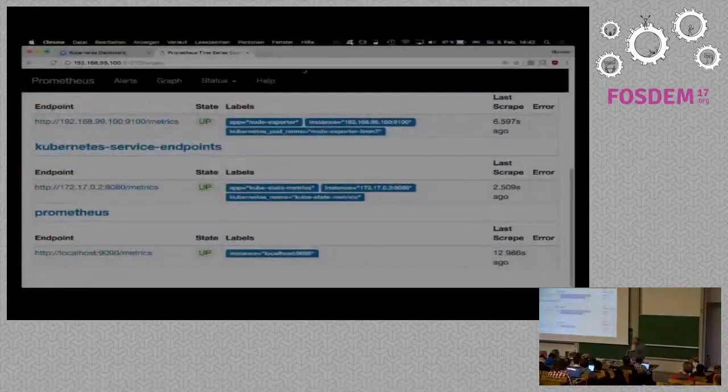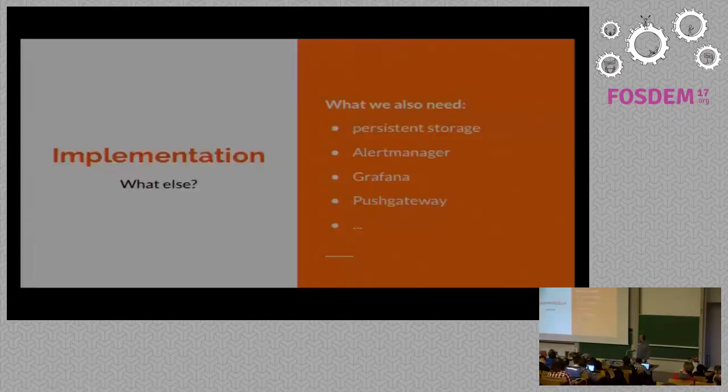So now we have a Prometheus running, ingesting metrics, but we are at a point where I don't know what to do with it now, because we would need many other components to have a running monitoring system and a useful monitoring system.